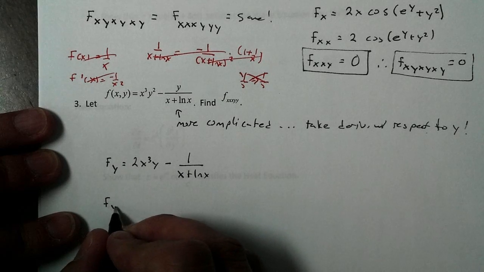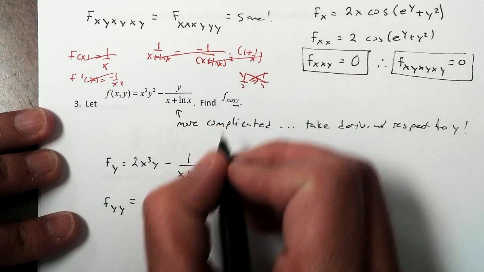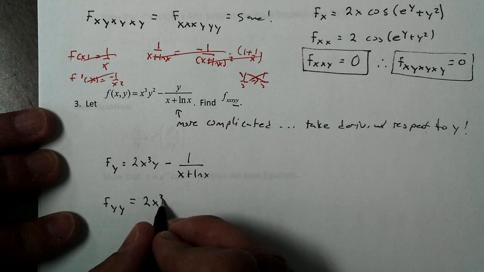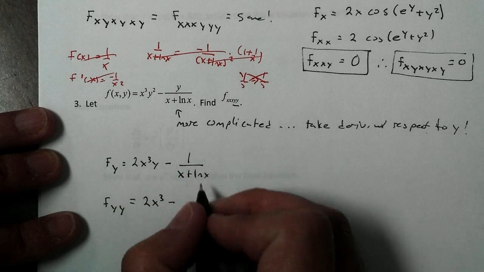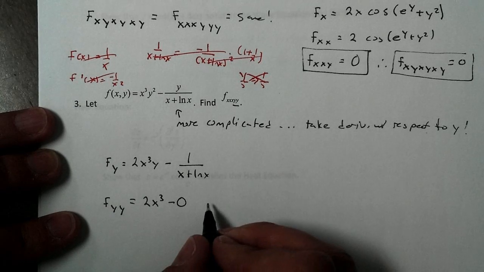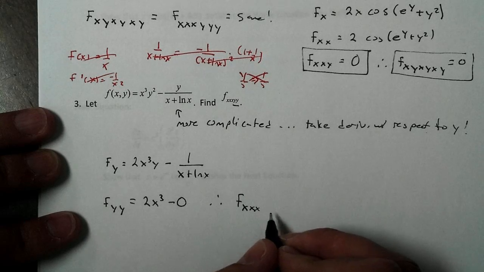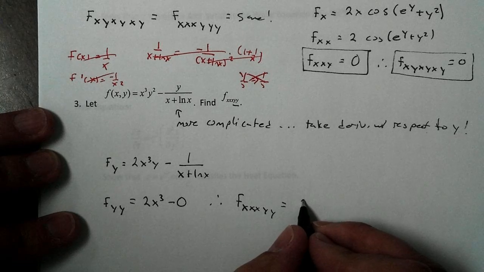And if I take the second derivative with respect to y, so if I do my y's first, basically, I'm going to get 2x cubed, because there's a 1 that drops down, minus, well, there are no more y's here. That just goes away entirely. So I don't even have to worry about it. So therefore, we can say the partials with respect to x and then 2 y's is just going to be 2.